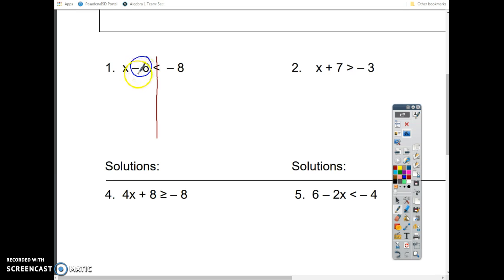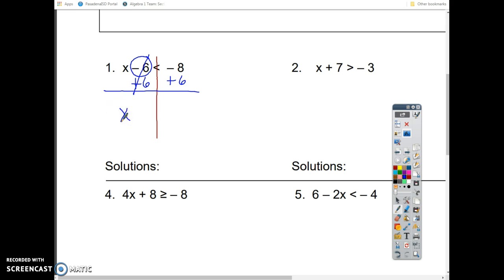So right now it's subtracting. What's the opposite of subtraction? So we're going to add 6 to both sides because that's what's happening. See, the x is being subtracted by 6, so we need to add 6 to both sides to get rid of it.